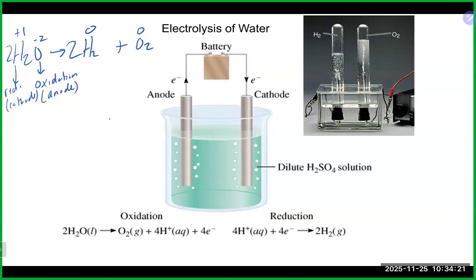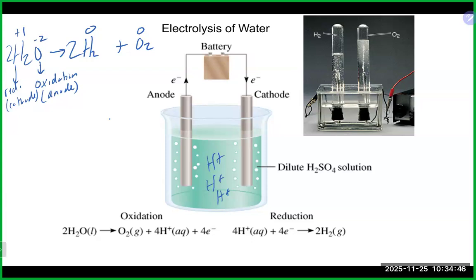In order to do this, you usually need a more acidic water than just regular water. The extra hydrogens in that water help keep everything moving and work more efficiently, so we'll usually have some type of acid involved in the electrolysis of water.